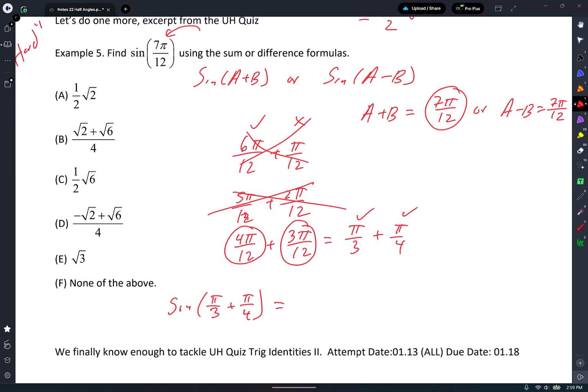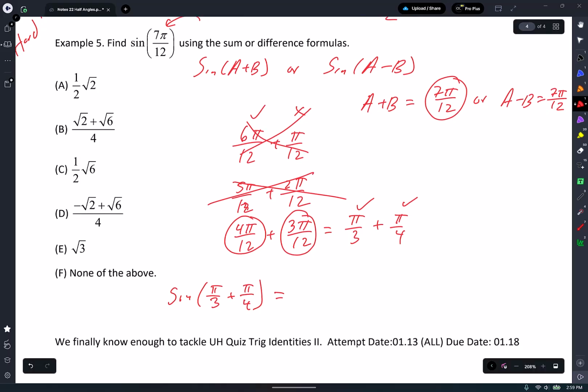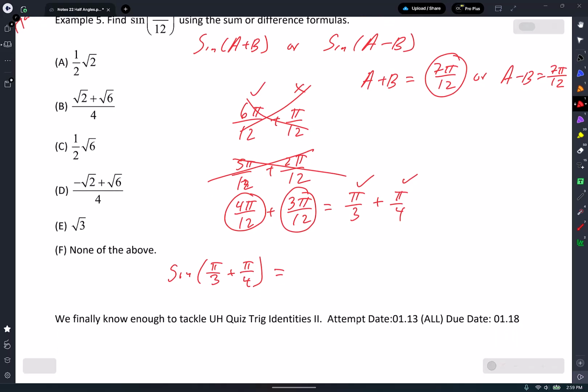Or I guess you could also do subtraction, or addition. All I'm going to do is just expand it. The sine A plus B with the pi over 3 and the pi over 4.